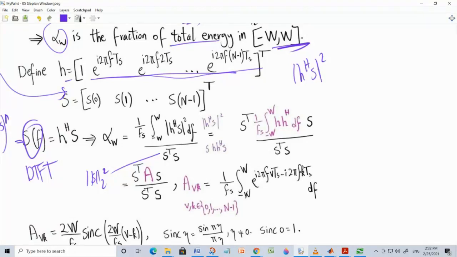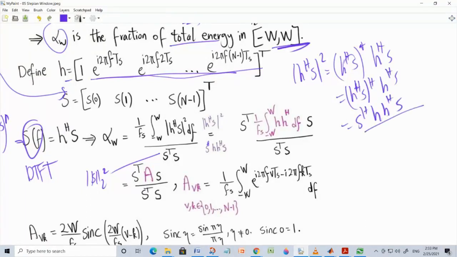I can write it as H Hermitian S times its conjugate. Because this is a scalar, the conjugate is like the Hermitian, and so this is S Hermitian H H Hermitian S. So you can write this magnitude squared as a quadratic form, S Hermitian H H Hermitian S. And where is the frequency variable? It's living inside H.